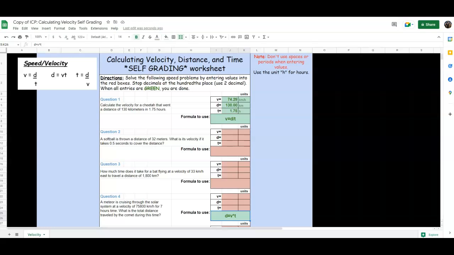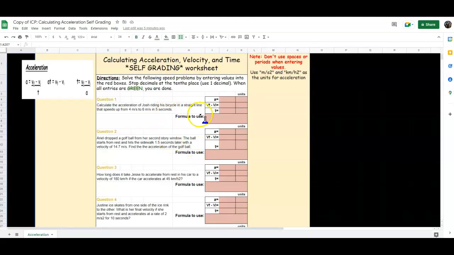For acceleration, which is the same thing, there is a quirk when you are showing calculation if you're trying to find a velocity. So for example, here you can see that if I'm solving for acceleration, A equals VF minus VI divided by T. Okay, so here it turns green.